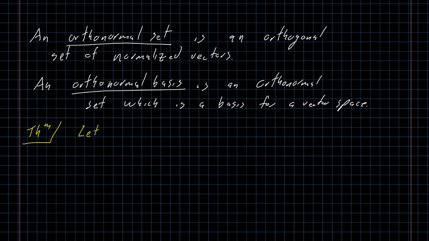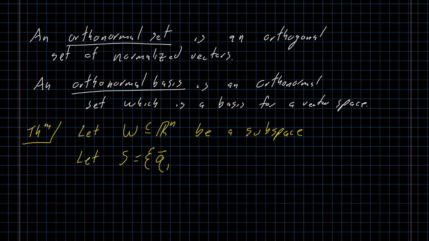All right. So my theorem here is going to look incredibly similar to the theorem we just looked at. Let's let W be a subset of Rn. And I'm going to insist that it is a subspace. Let's let S be a set of vectors. I'm going to use Q's, right? Q1, Q2, all the way through to Qk.